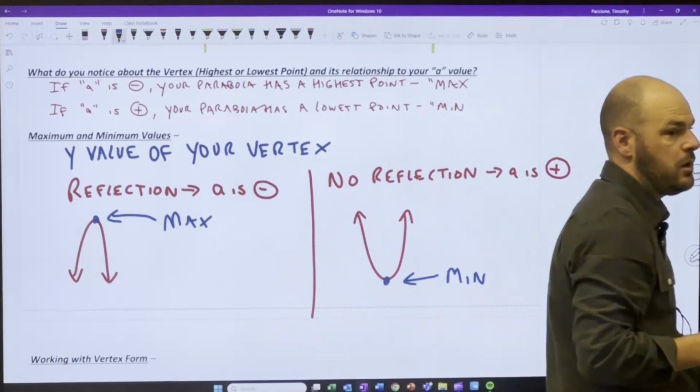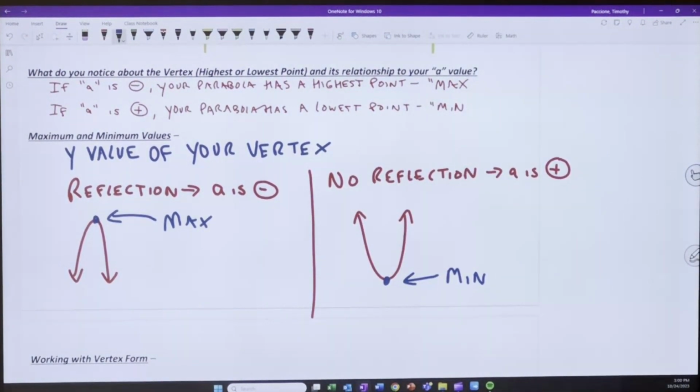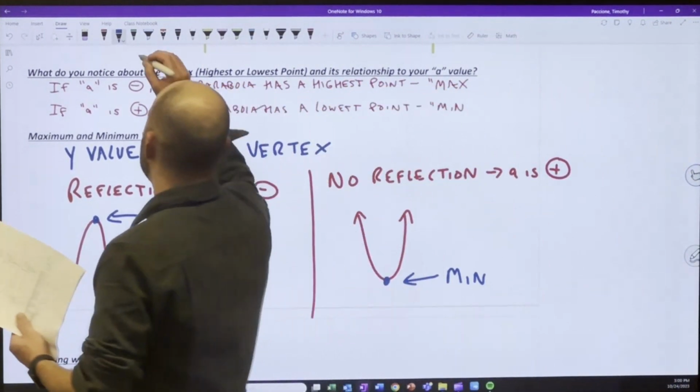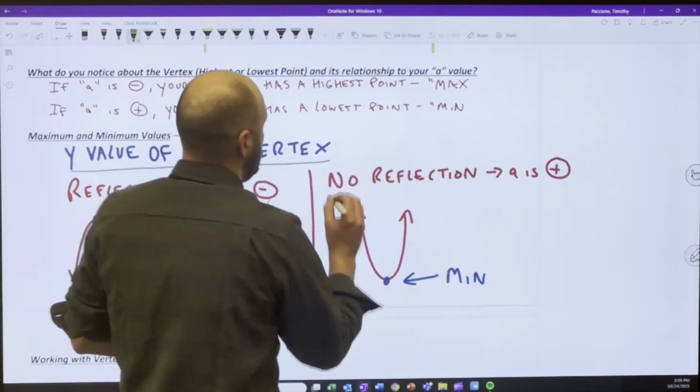So that's our first takeaway. a is negative, I got a max. a is positive, I got a min. Okay? And the min, the value you're looking for, is the y value of your vertex.